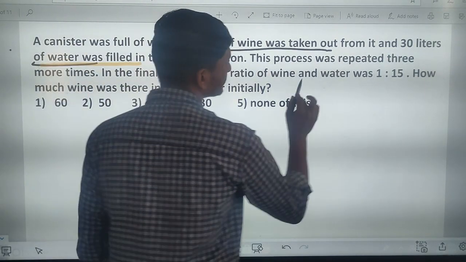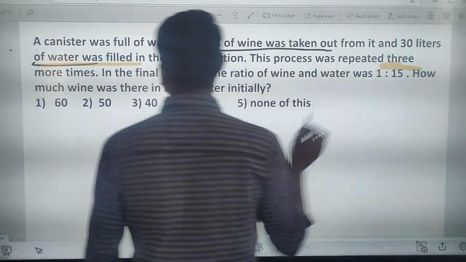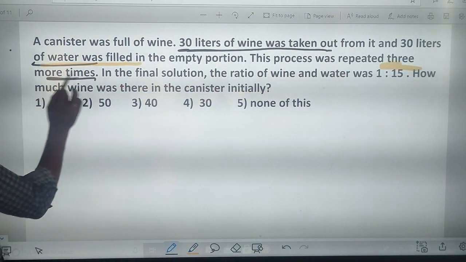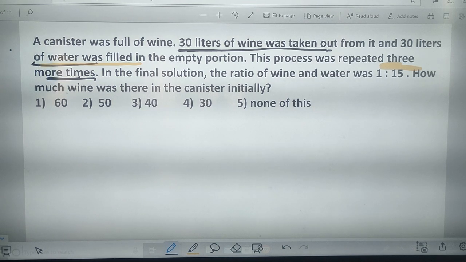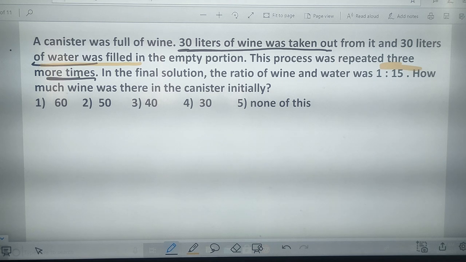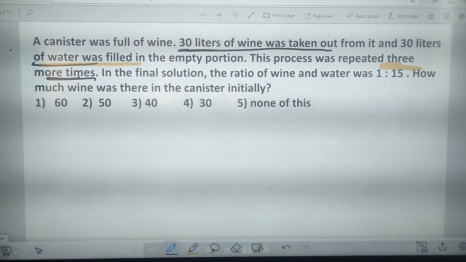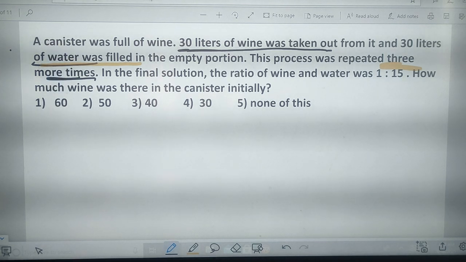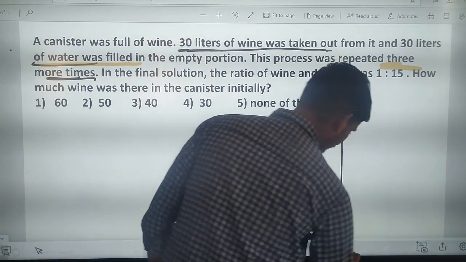In the final solution, the ratio of wine and water was 1:15. How much wine was there in the canister initially?